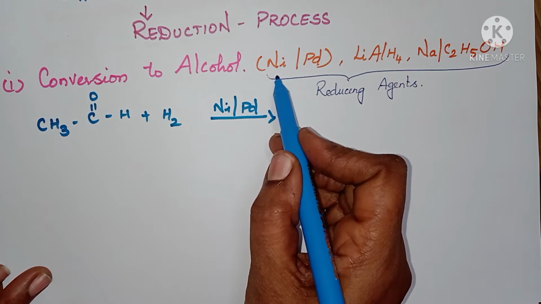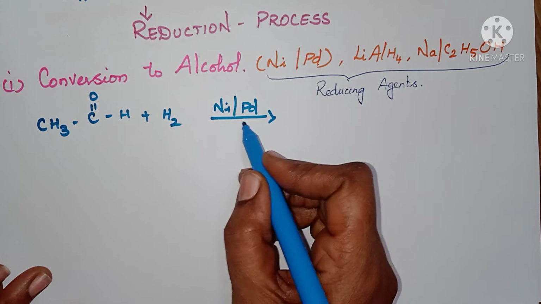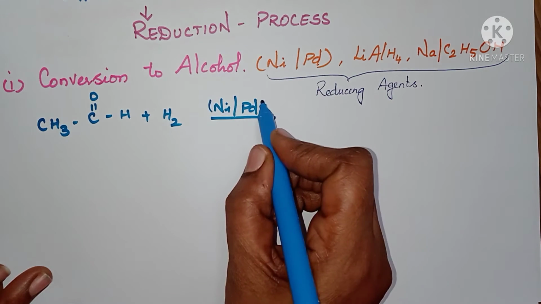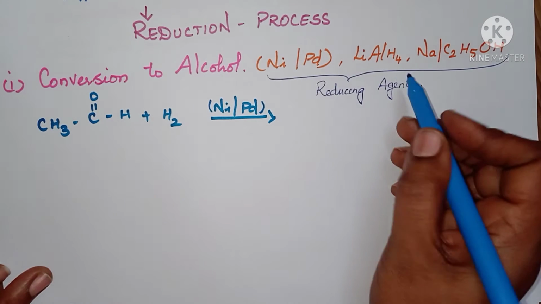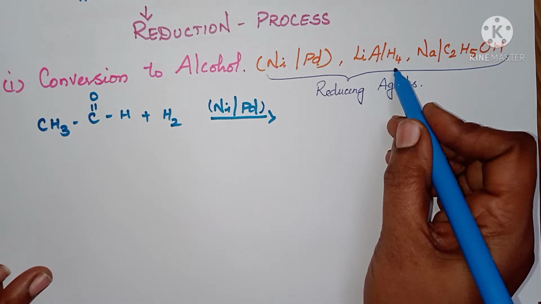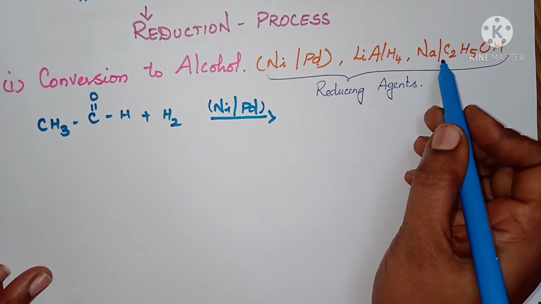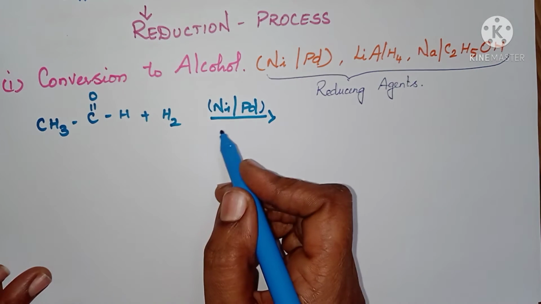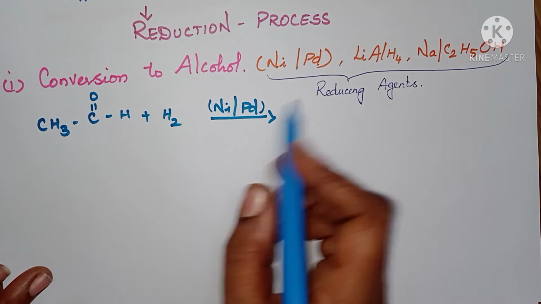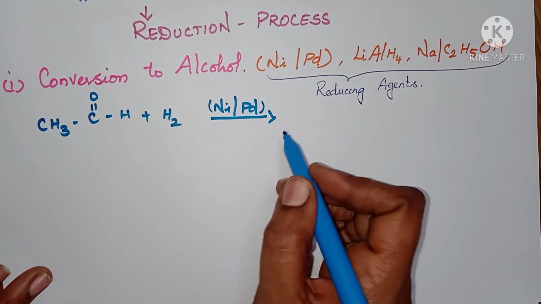Here we are using nickel and palladium. We are using nickel as a reducing agent and palladium as a catalyst. Besides that, lithium aluminum hydride can also be used, and sodium with ethyl alcohol can also be used. But in this reaction, we are using nickel with palladium.